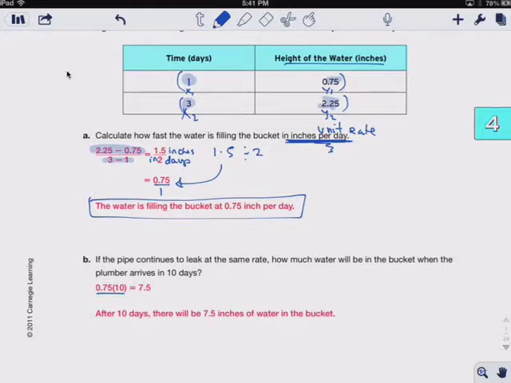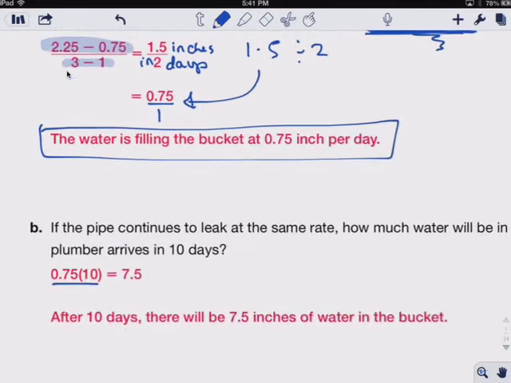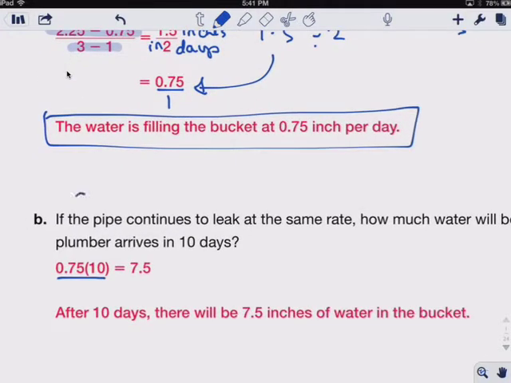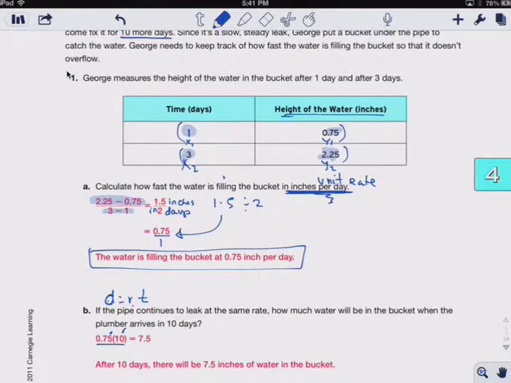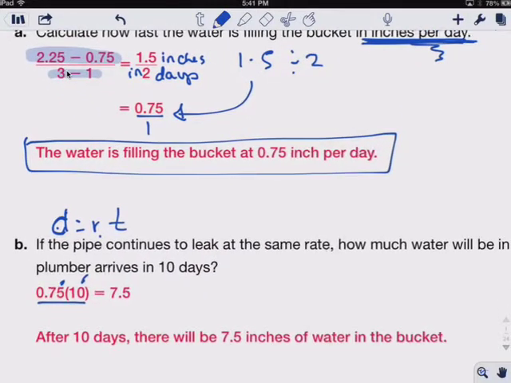Distance equals rate times time. Now, how high it is, remember, distance equals rate times time. So the rate is this, time is 10 days. Distance in this case is not distance, but the height of the water from the bottom.